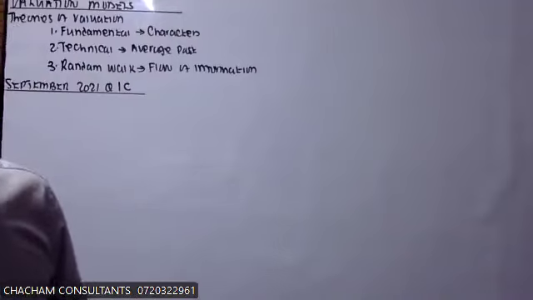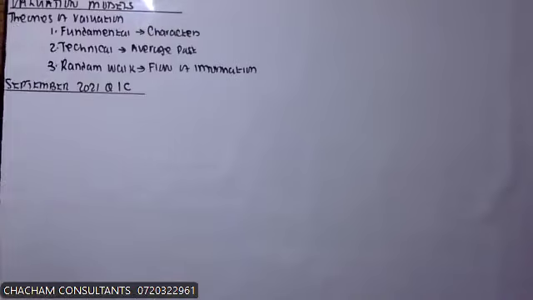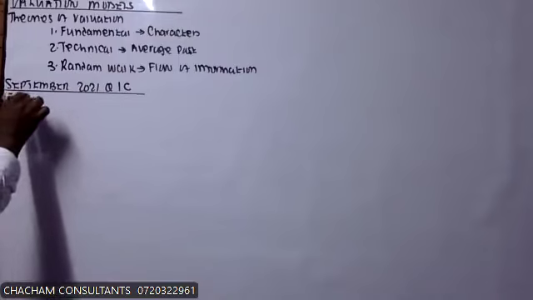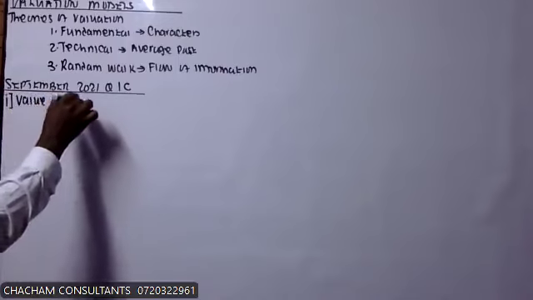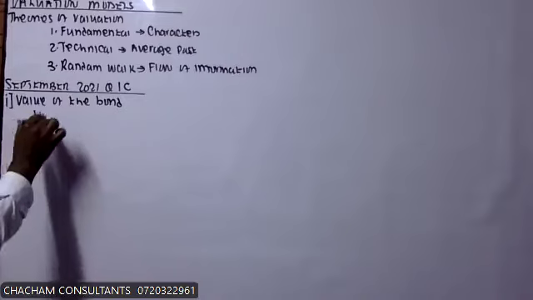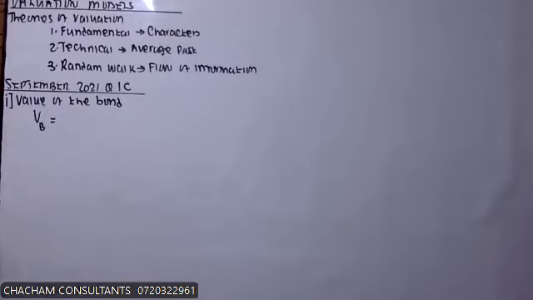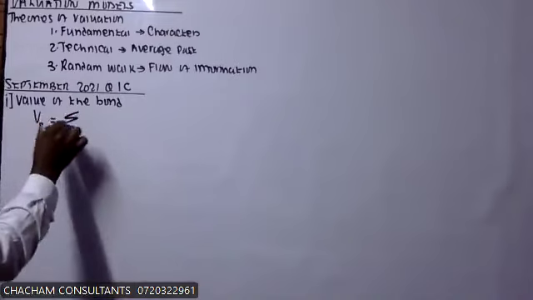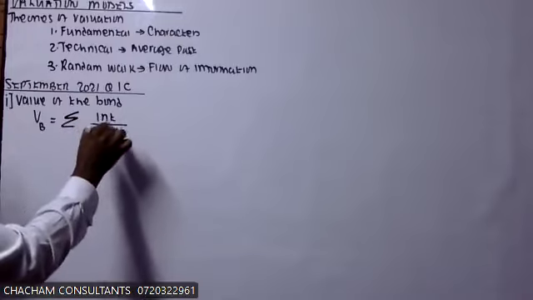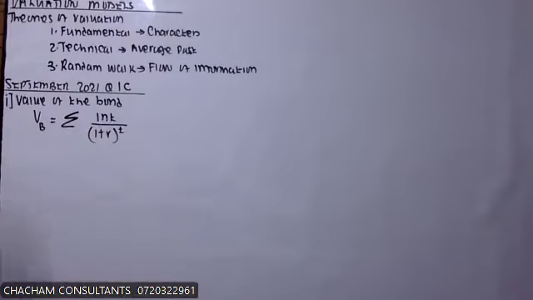So in getting the current value of the bond, we said number one, the value of the bond is given as the sum of the interest over 1 plus r raised power t, or raised power n, however you want to look at it.